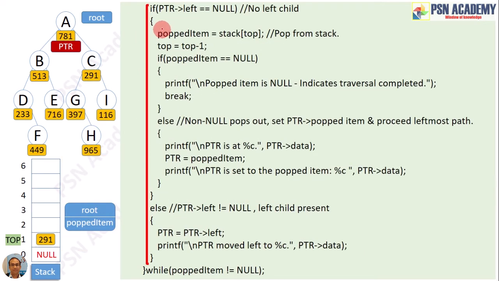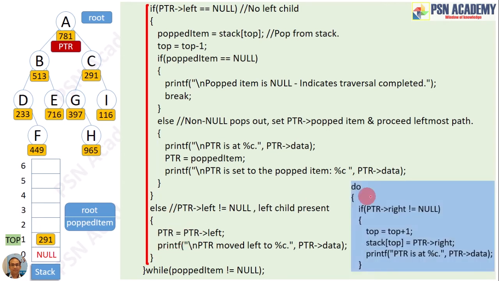Now this is the second block and this is an if-else pair. The if block says if PTR left is null, that means no left child, then you run this block. Else, that means PTR's left child is not null, that means there is a left child, then you run these two statements, right? Now for your convenience, I have copied the previous if block over here for checking the right child.